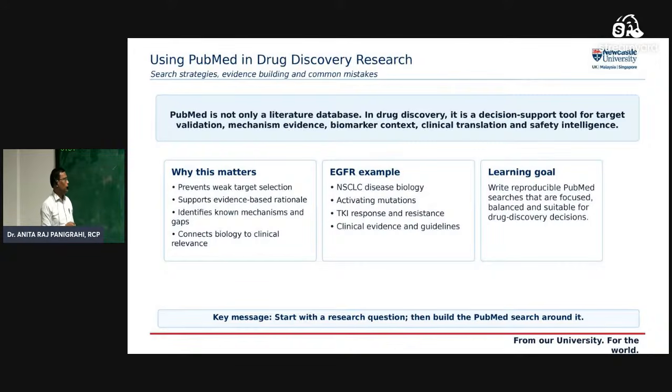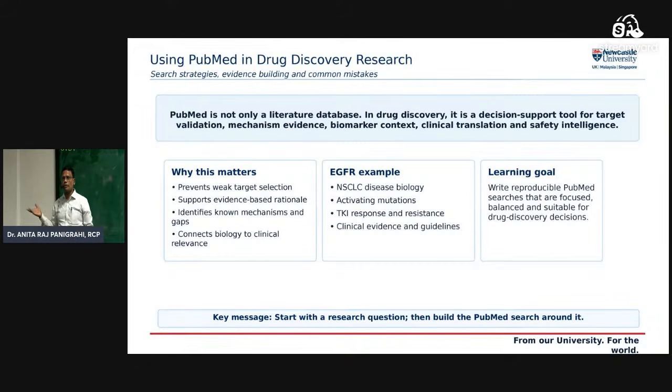Here, write reproducible PubMed searches that are focused, balanced, and suitable for drug discovery discussion. This is a very important point. Most drug discovery people search one time and come up with 20 references. Another time they search, they come up with 40 references.